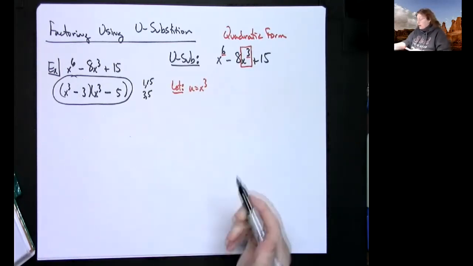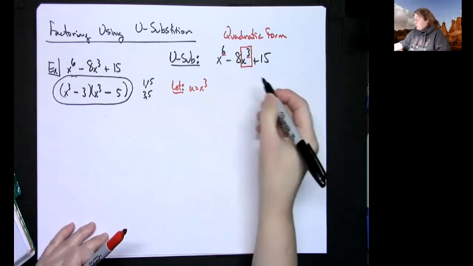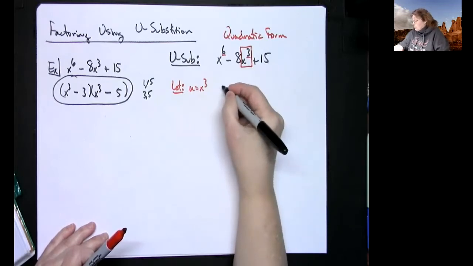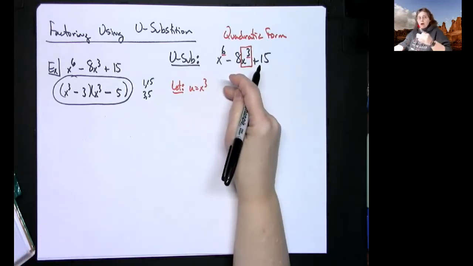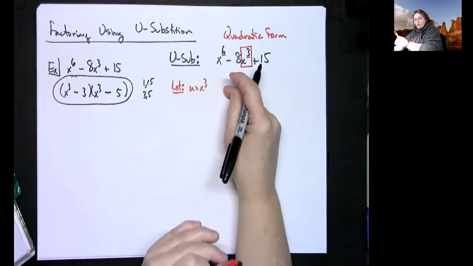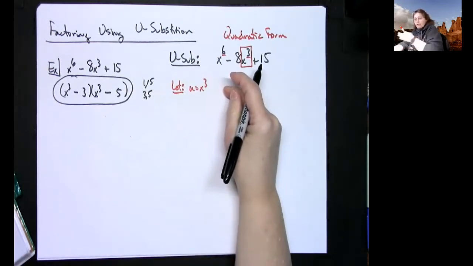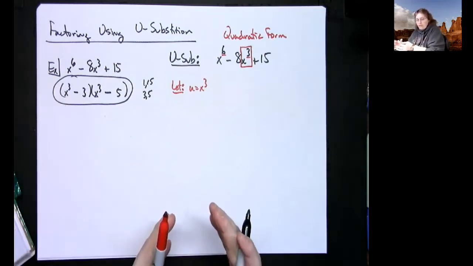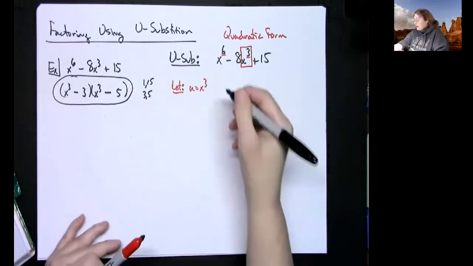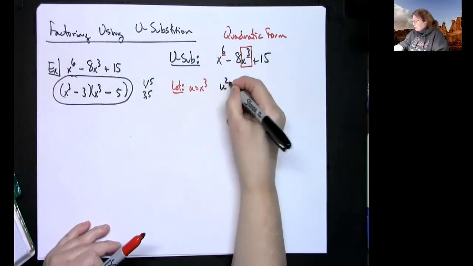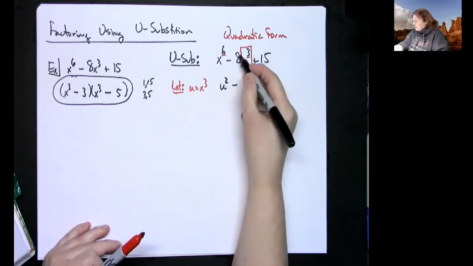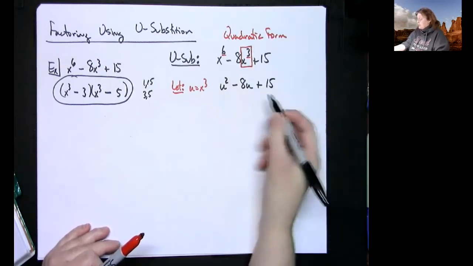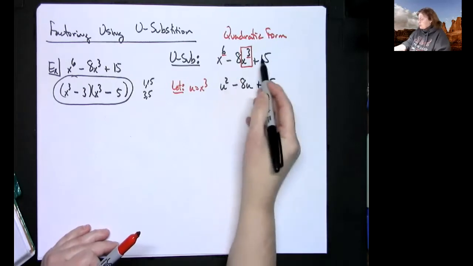When I do that, this will become a trinomial in terms of U. I want it in the standard trinomial form, with the first term being squared, the second term being just the plain variable, and the last term being a constant. So it's going to be U squared minus 8U plus 15. In terms of U, this is equivalent to that.